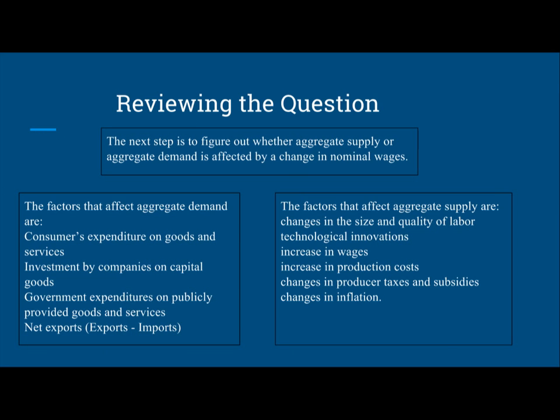Now the next step is to figure out whether aggregate supply or aggregate demand is affected by changes in the nominal wages. Now remember, the factors that affect aggregate demand are consumers' expenditures on goods and services, investment by companies on capital goods, government expenditures on publicly provided goods and services, and net exports, which is exports minus imports.